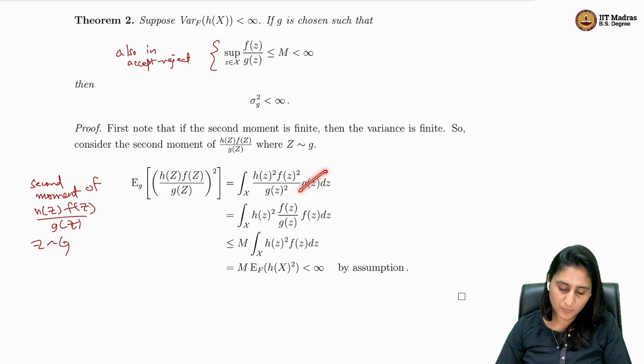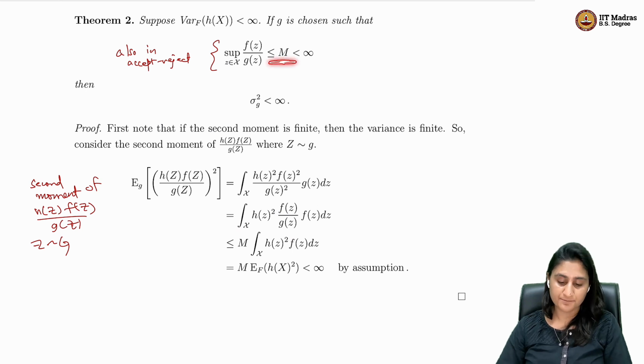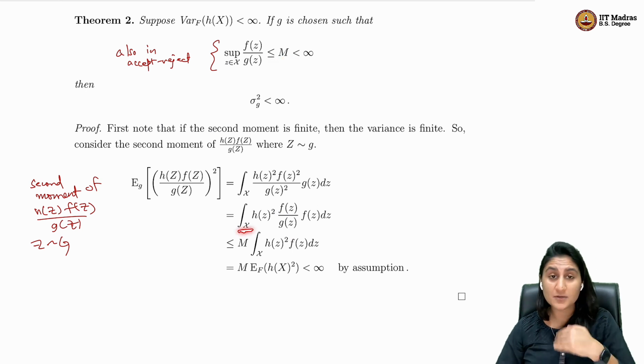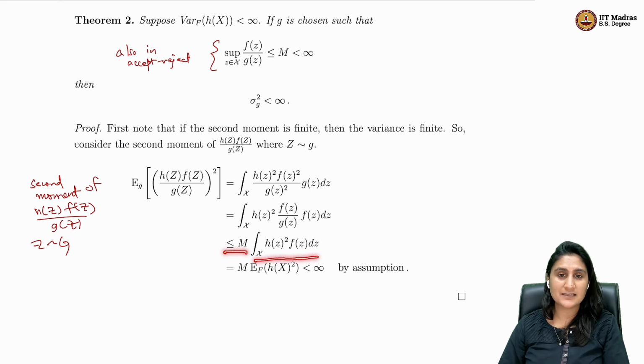Now one g and one g over here get cancelled, so I just get h² times f/g times f(z) dz. But I know that f/g over this whole support is uniformly bounded by M. So over all the values that we're integrating over, f/g remains bounded. So this is less than or equal to M times the integral of h(z)² f(z) dz.